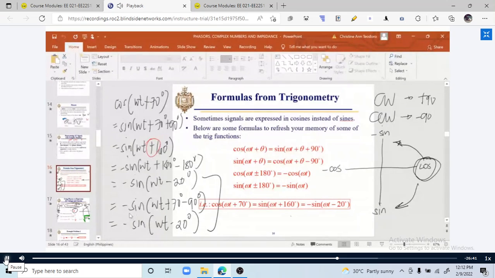So that is negative sine omega t plus 70 minus 90, which will give you again negative sine omega t minus 20 degrees. So you will come up with the same answer.